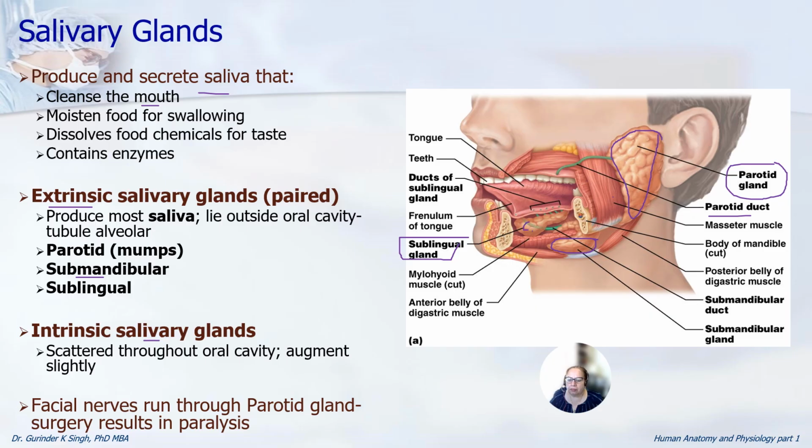The submandibular duct opens into the frenulum underneath the tongue, and the sublingual gland opens through a number of different openings. The facial nerve runs through the parotid gland, and sometimes surgery can result in facial paralysis.